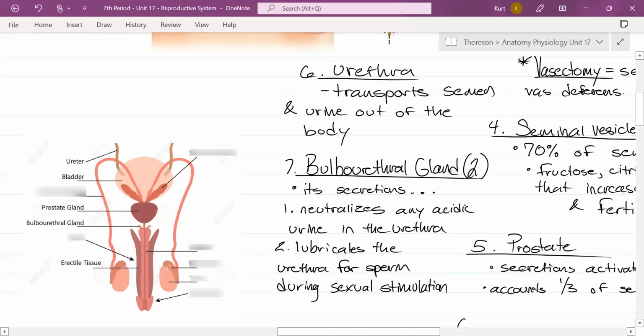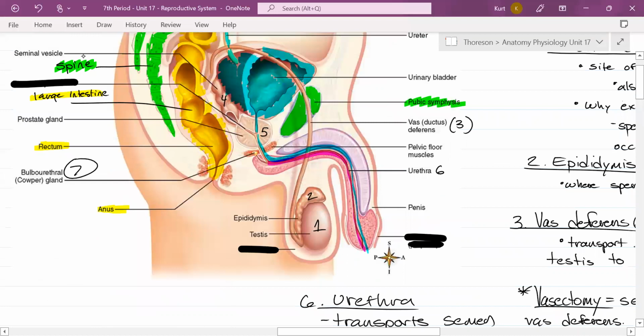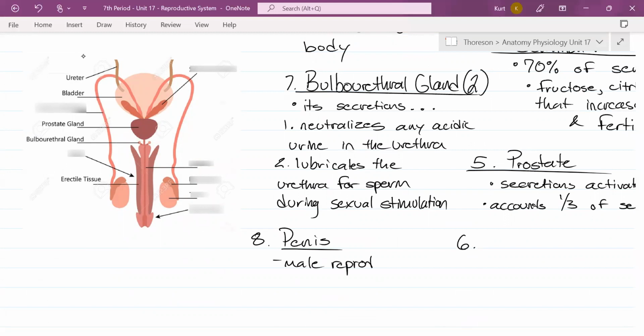Okay, just a couple more, I think, and we're done. Number 8 is the penis. Male reproductive organ. Contains the urethra. You already know what the urethra does.